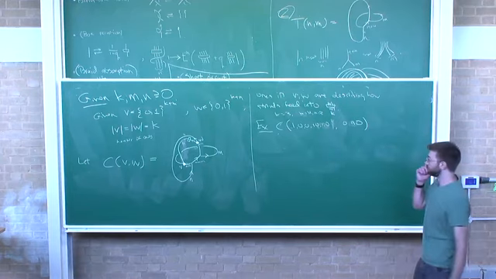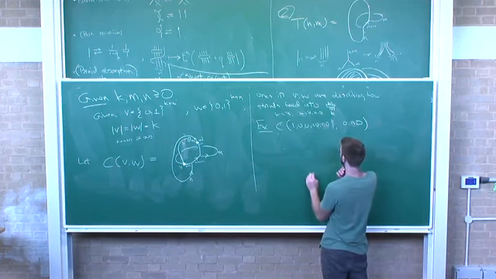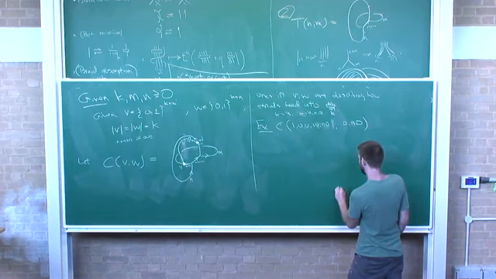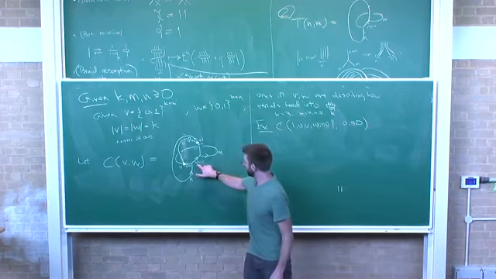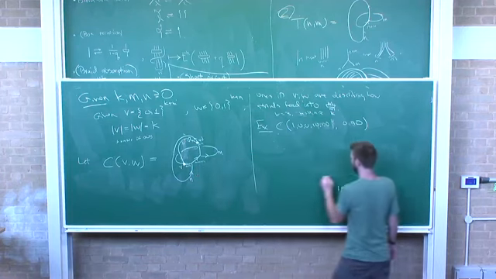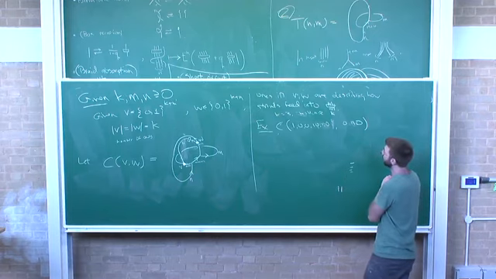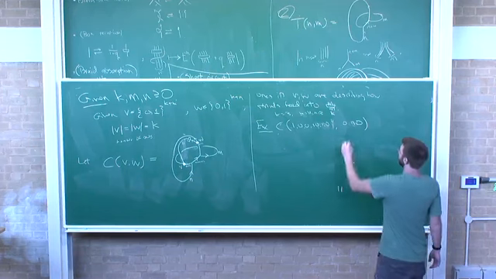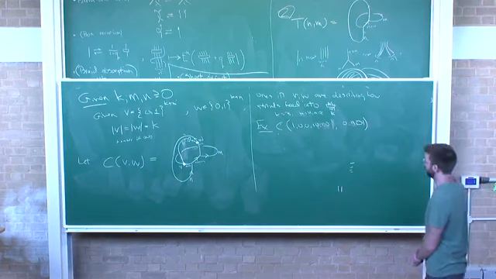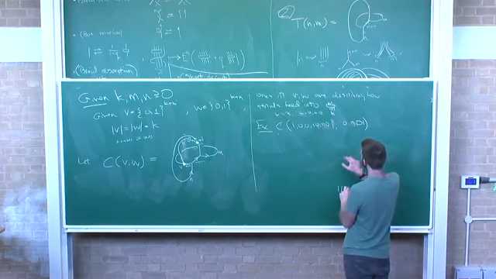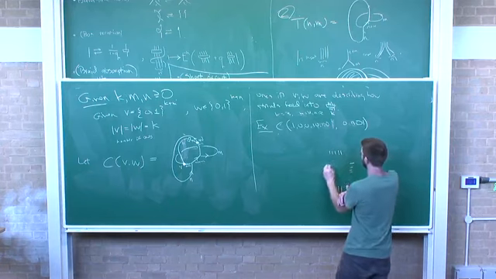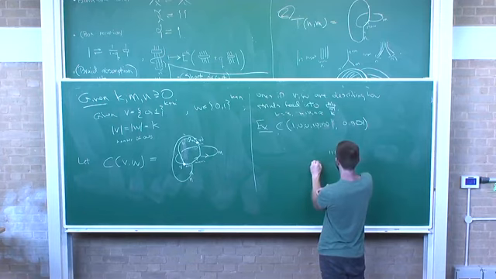Okay, so let me define this complex. First off, I'm going to have n strands on the bottom. I'll have m strands on the right. They should have the same number of ones. And then this will be 5. And this will be 7.